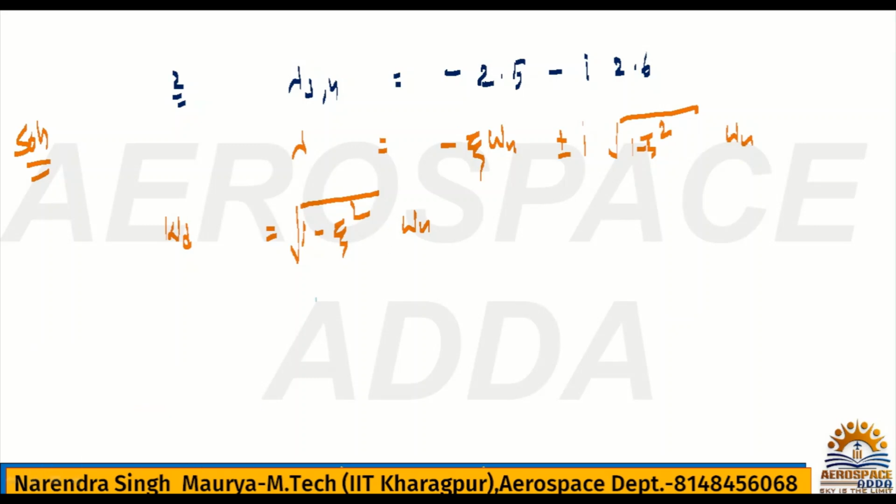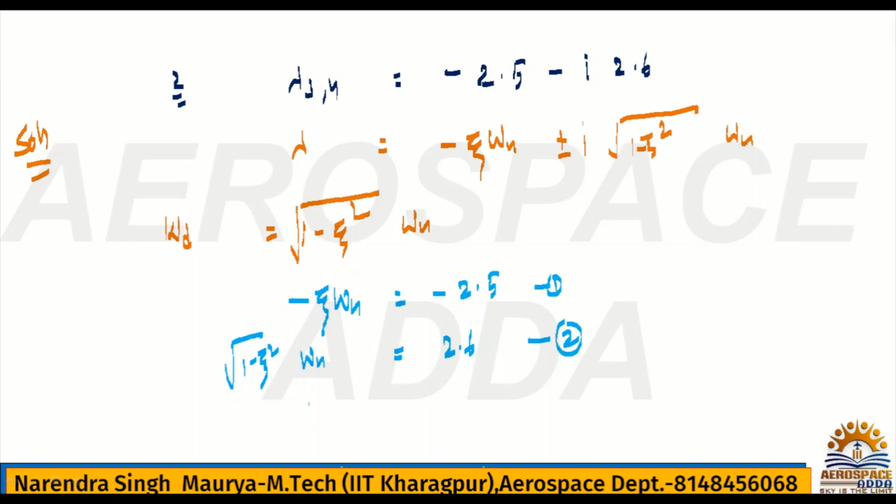Just compare: minus xi omega n is nothing but minus 2.5. This is equation number 1. And the other is omega n root of 1 minus xi square, which is equal to 2.6. This is equation number 2. You have to solve this.